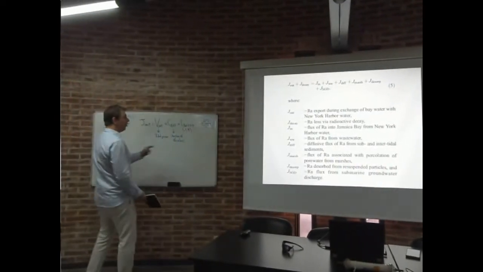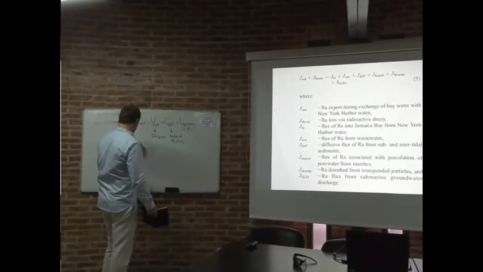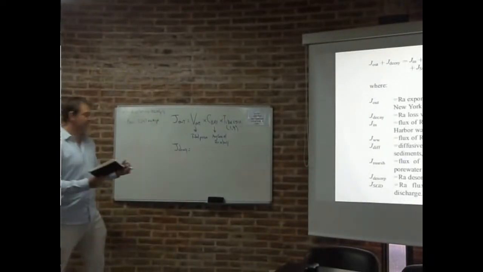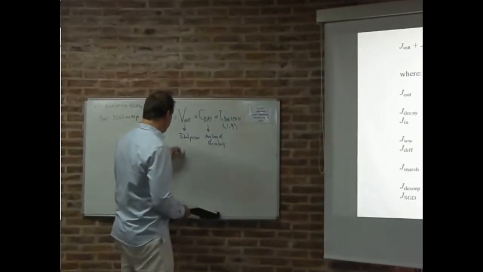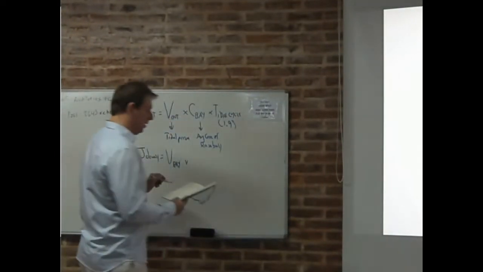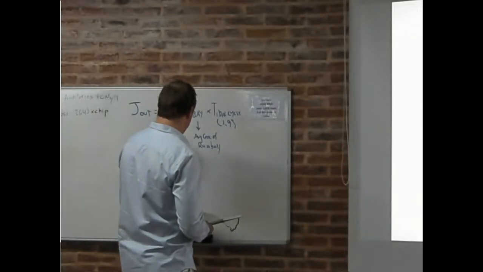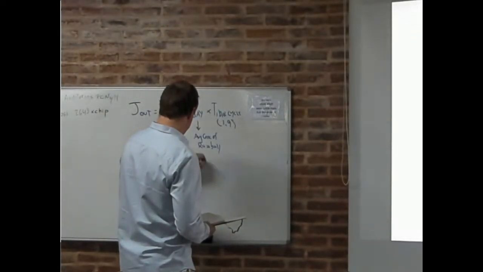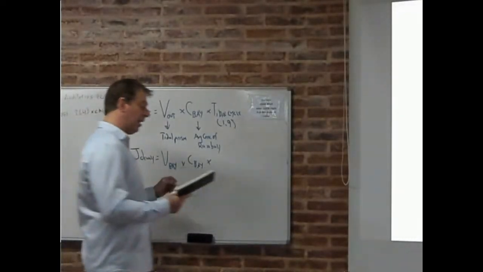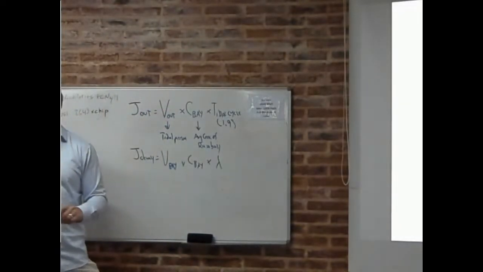So the second output is J to K. And J to K is simply the volume of the bay times the concentration of the bay, so the same here, times the decay constant of radium.